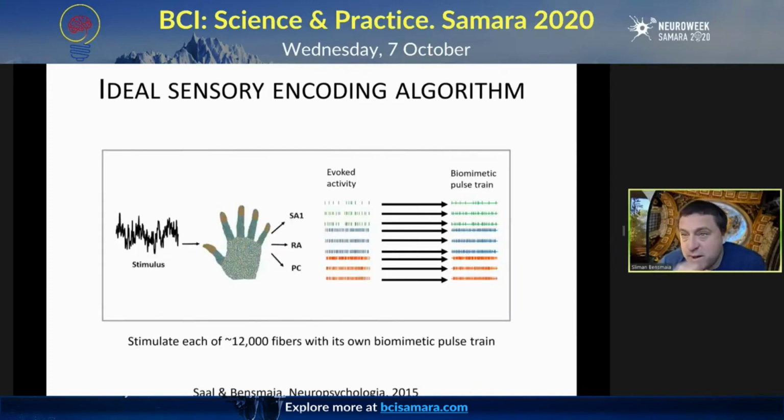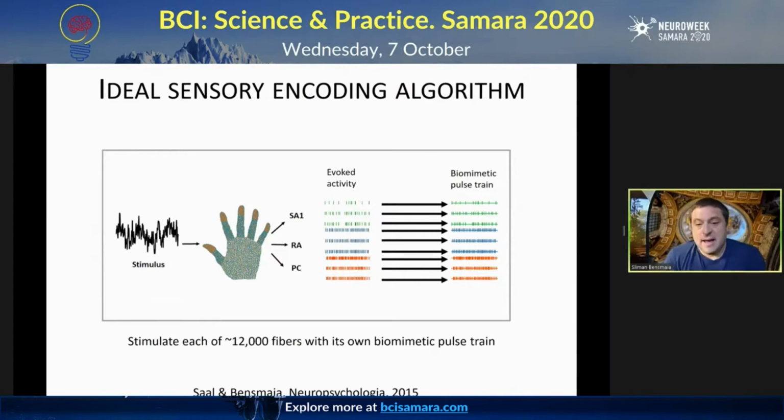Now, if you wanted to restore the sense of touch perfectly through a nerve interface, how would you do it? Well, what you would need is 12,000 stimulating channels, each selectively activating a single nerve fiber. And then if you knew exactly how that nerve fiber would respond during an interaction with an object, you could electrically activate it to reproduce that natural pattern.